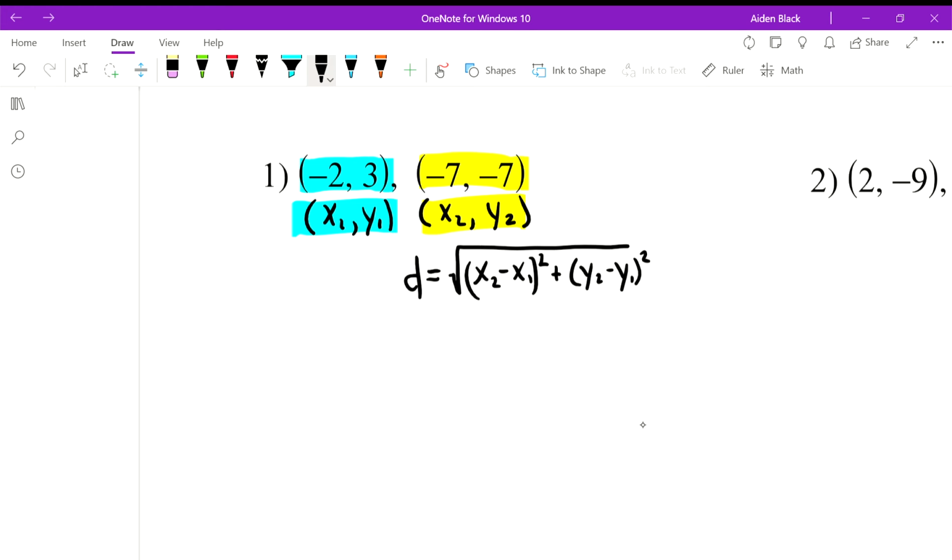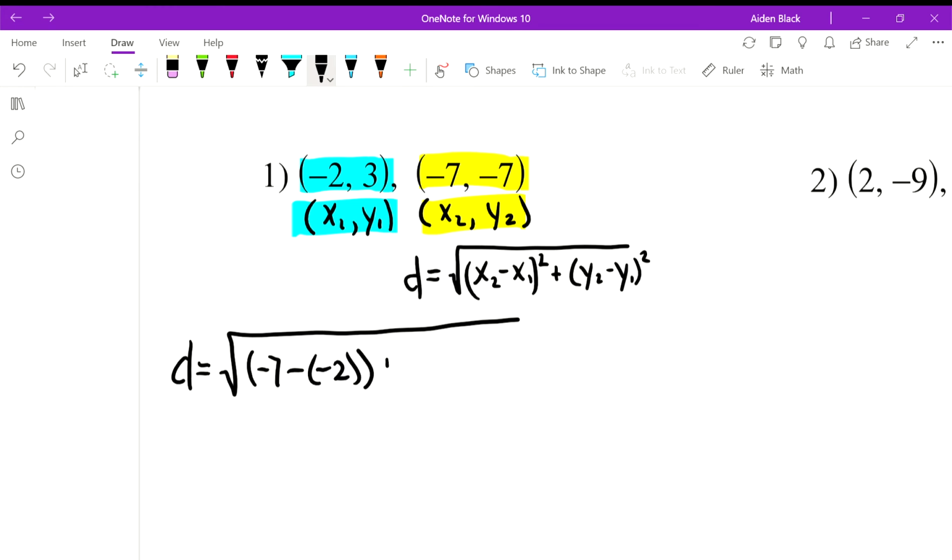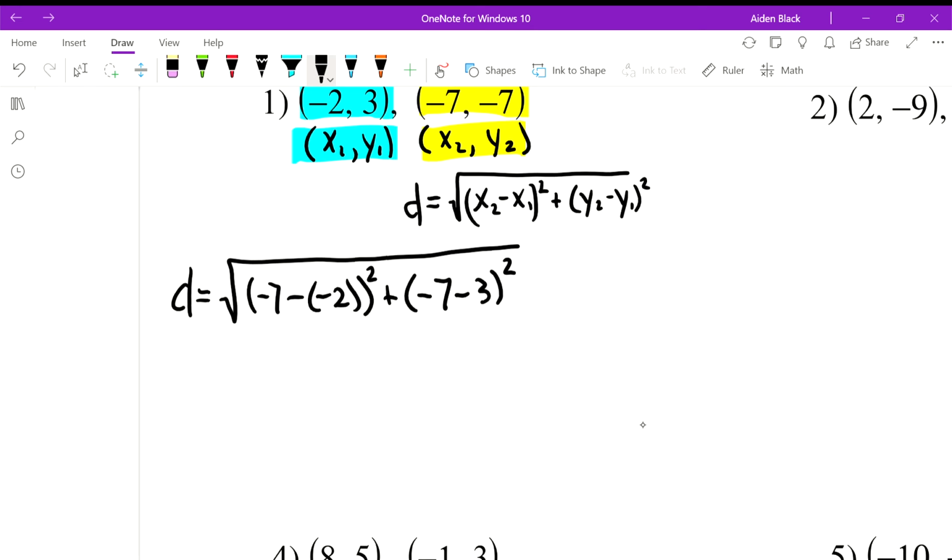And we can write this as follows. Distance is equal to the square root of -7 minus -2 squared plus -7 minus 3 squared. -7 minus -2, that's the same as -7 plus 2, so we get -5 squared, and for this one we get -10, right?